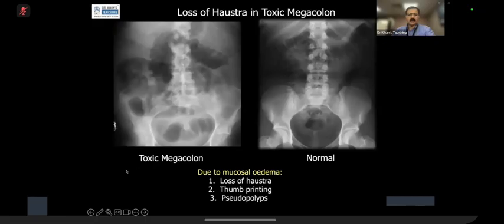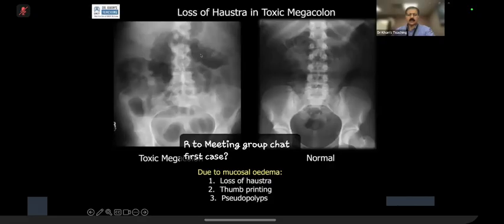So three types of findings, you can look for them when there is a dilated loop of transverse colon particularly. One is loss of haustra because they are thickened. Then thumbprints, you can see, for example, here or here or here are thumbprints.